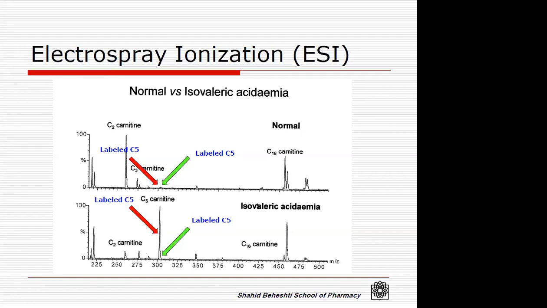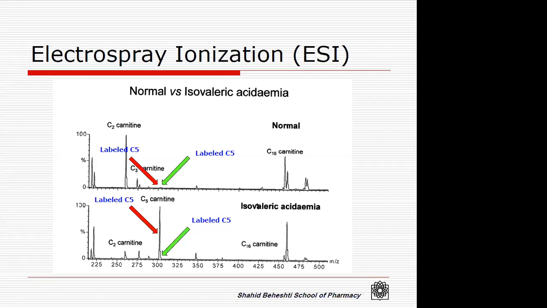If I want to just wrap up my talk, as you see, we use mass spectrometry in metabolic disorder screening for accurate determination of the pathological cases. And what we use here is selected ion monitoring for the accuracy and selectivity of the test.